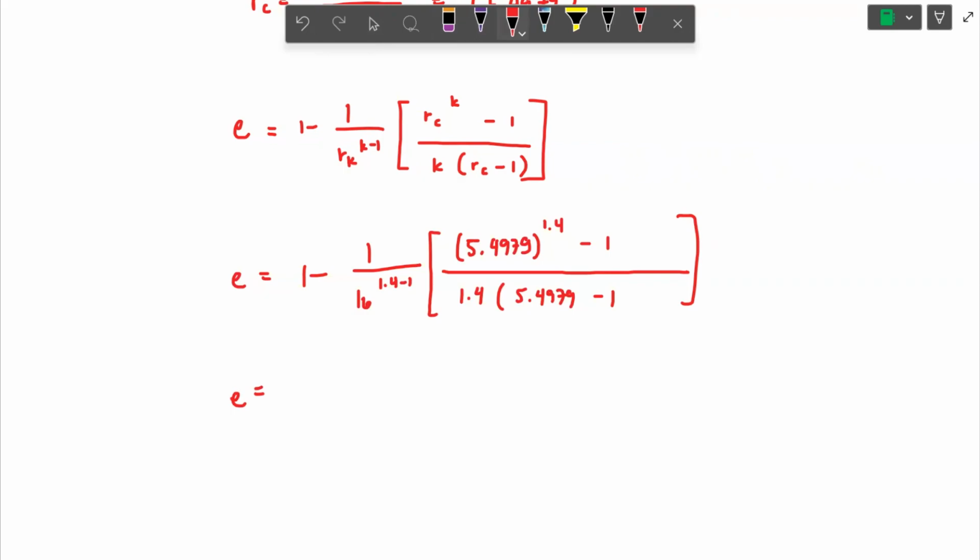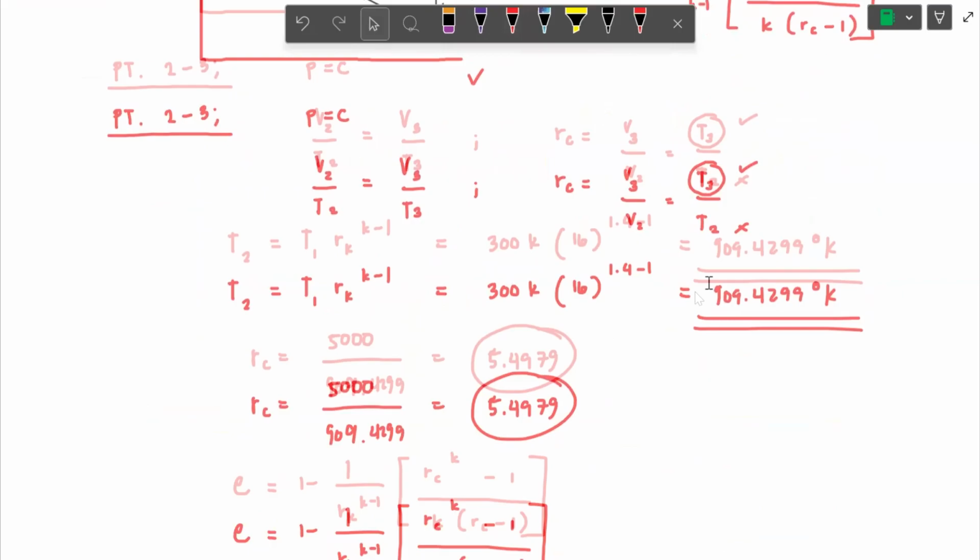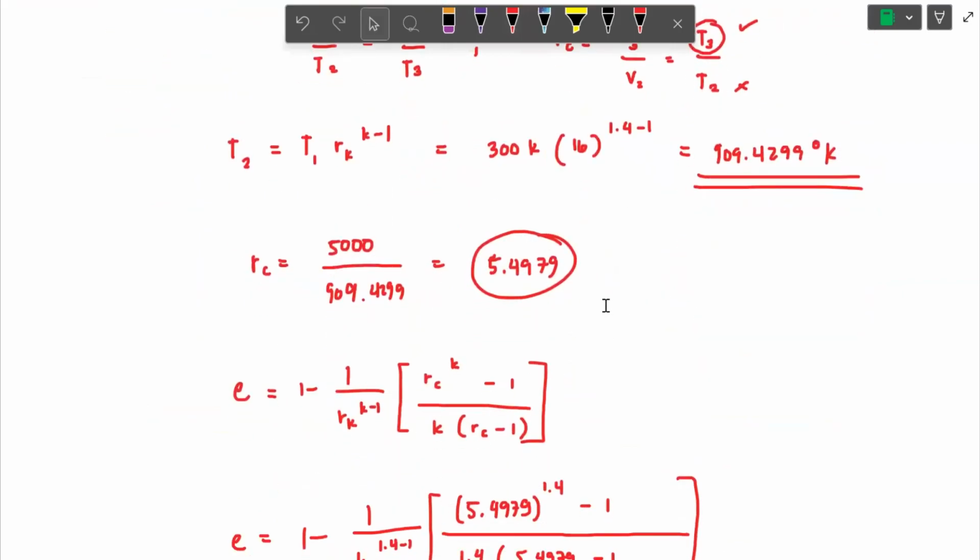Ay, hindi pala 5,000 to. May mali ako. So, namalikmata ako, 2031. So, pwede natin baguhin to. 2031. Yan. Okay, minsan namamalikmata ako sa dami ng sinosolve ko. So, let us resolve this one. Para ipapasok natin yung value.